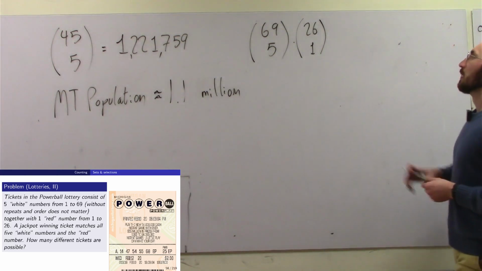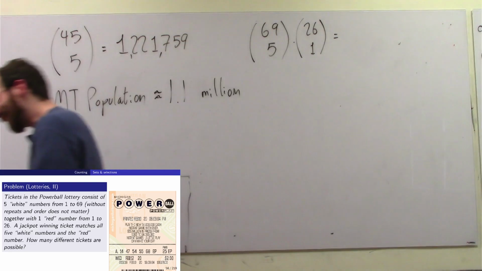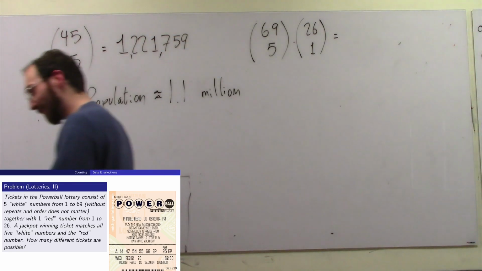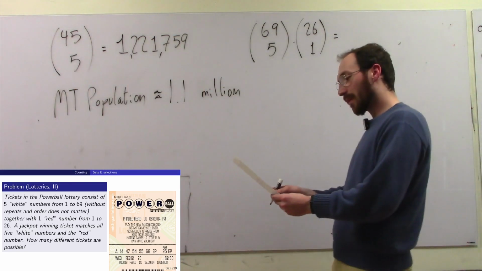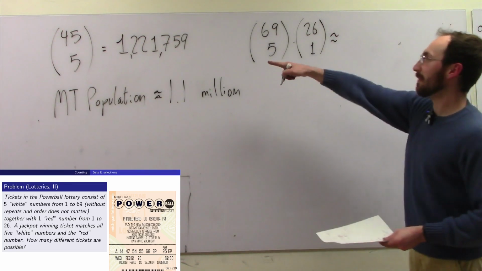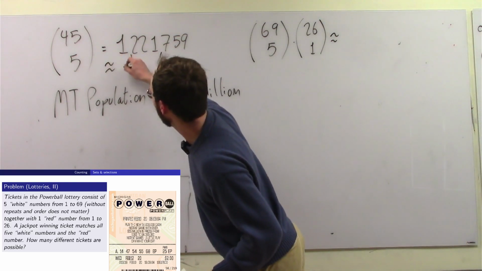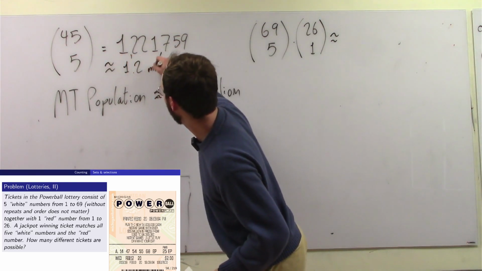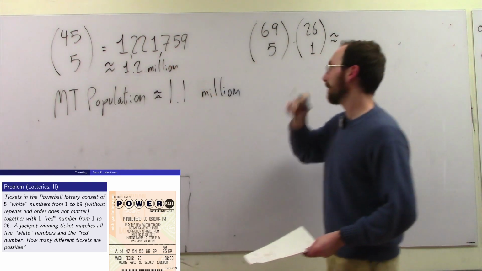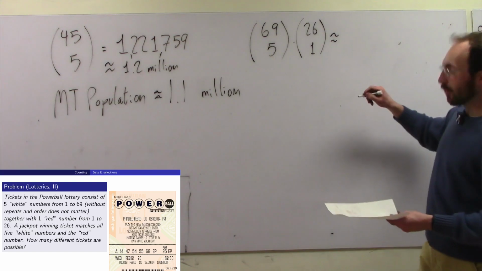Awesome. Now, what is this equal to? Well, let's see. This is a lot bigger. So this is about, I'll write it nice with a million, about 1.2 million. Pretty close to the Montana population. With just a little luck, one of us would win.